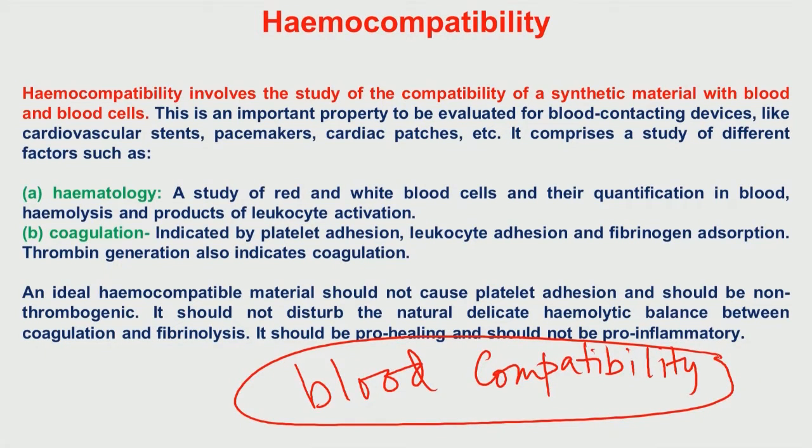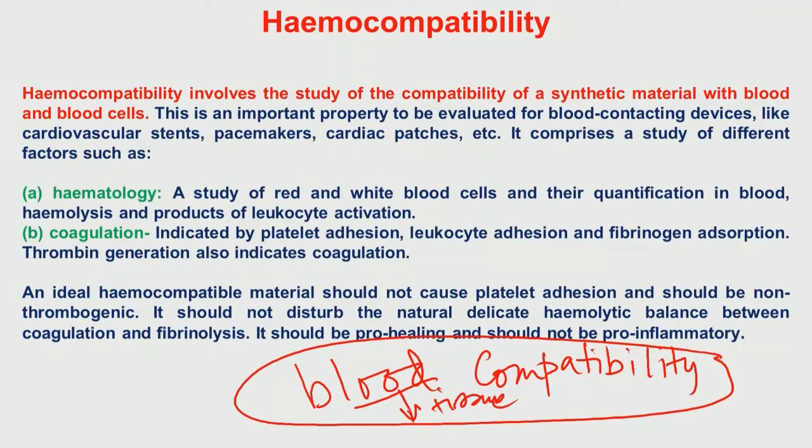Because irrespective of whether it is a scaffold or an implant material, each synthetic material, when implanted in an animal, will interact with blood, which is actually a tissue, because it contains a lot of cells. Therefore, the compatibility of blood with a synthetic material is equally important.